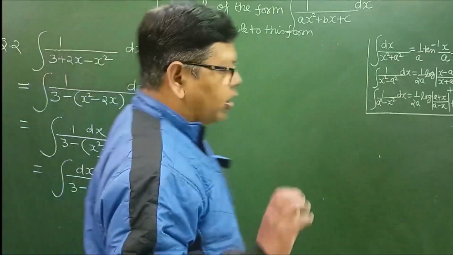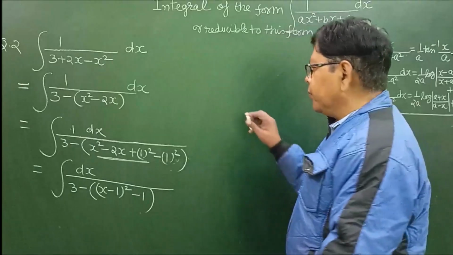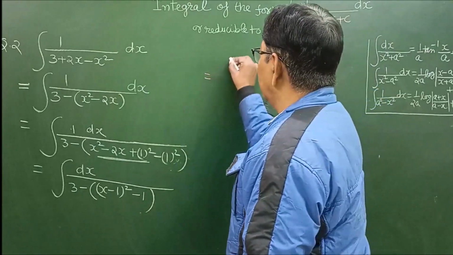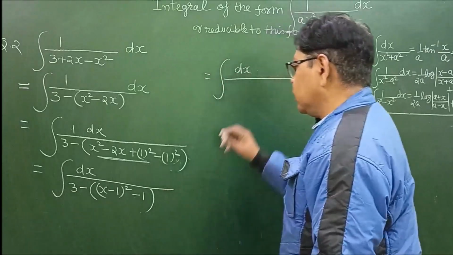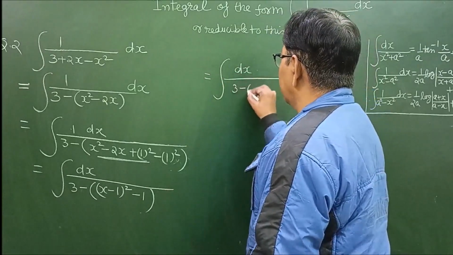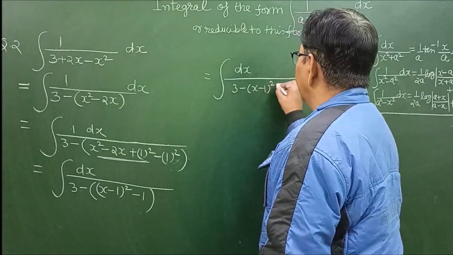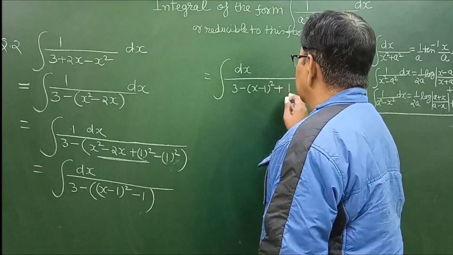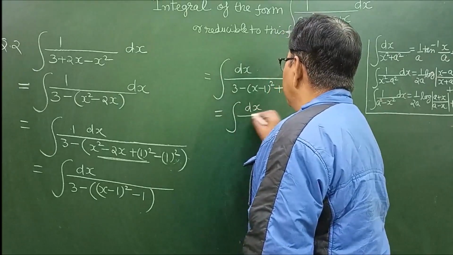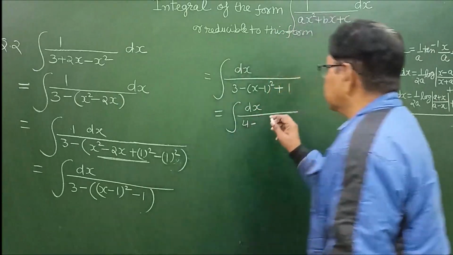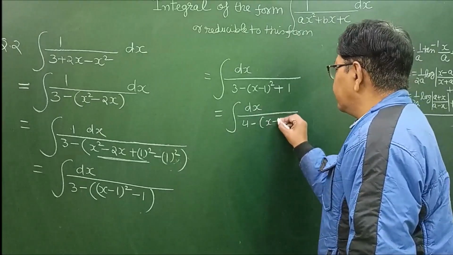So this is equal to integration of dx upon 3 minus (x minus 1) whole square plus 1. 3 and 1 is 4, so integral of dx upon 4 minus (x minus 1) whole square.